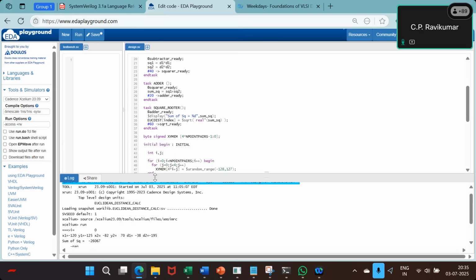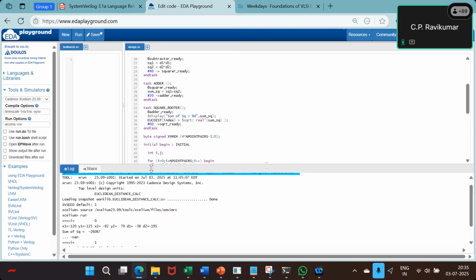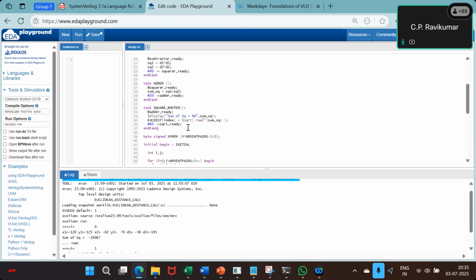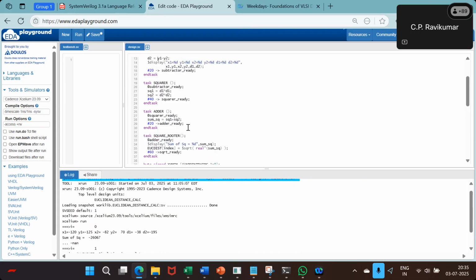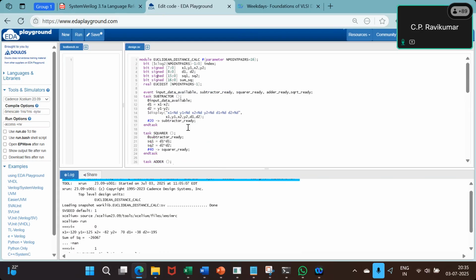Oh, it's negative. Sum of squares cannot be negative.